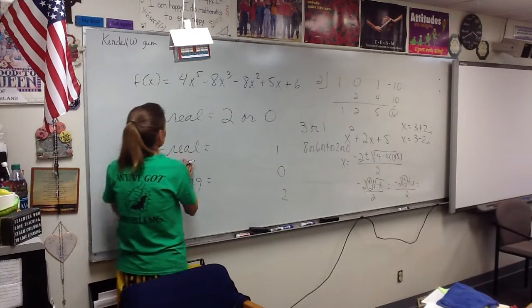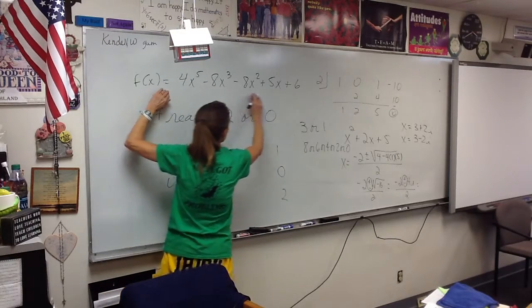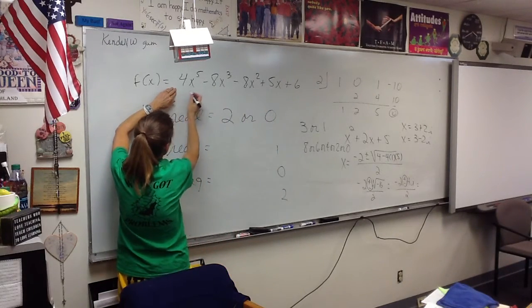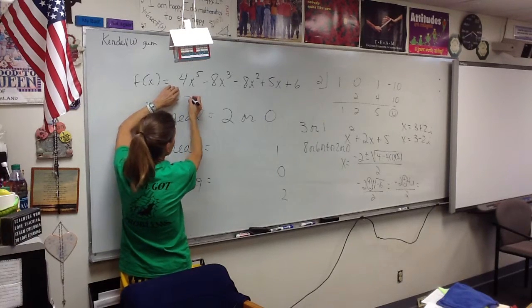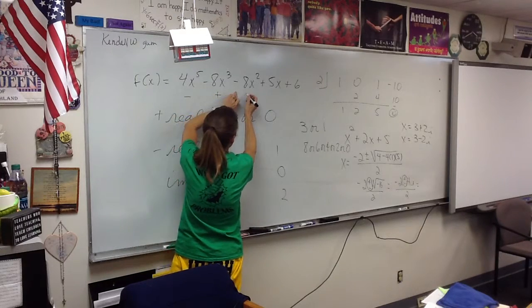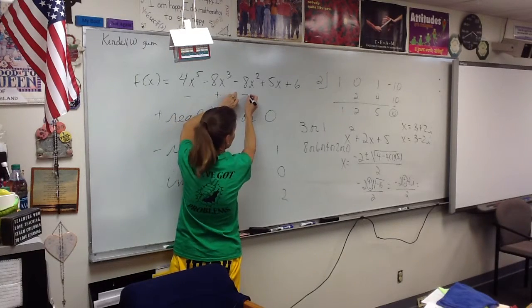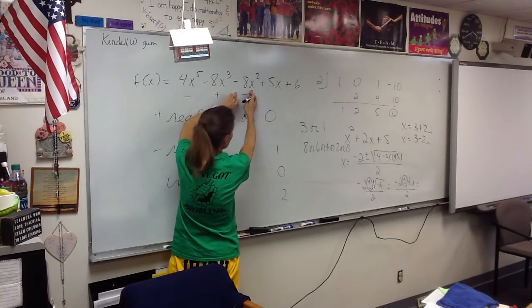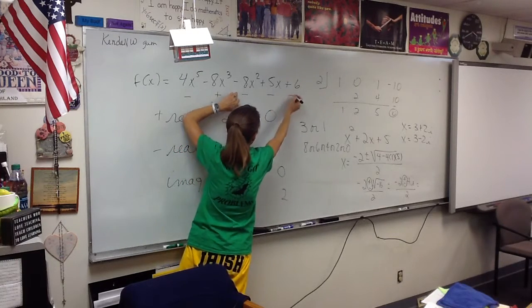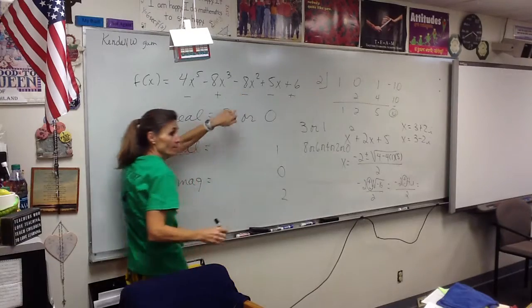All right, now negative reals. Remember, we're going to put in a negative number. So here we go. If I put in a negative number, this would be negative. What would this be? Positive. Negative. That would be negative, because if you put in a negative, you're going to square it out. This would be positive.